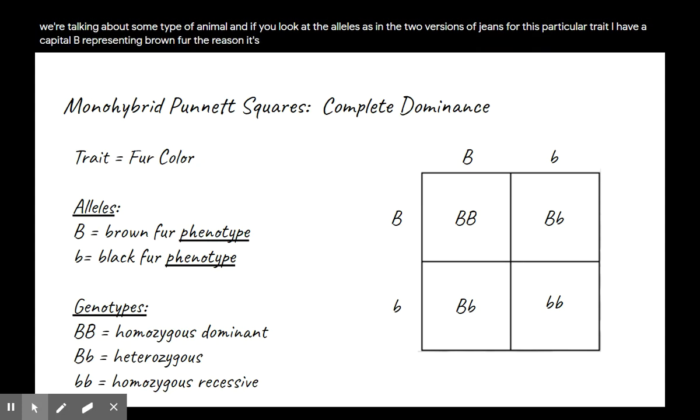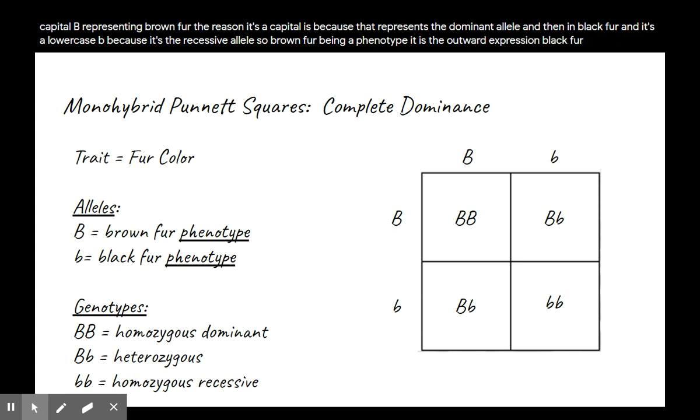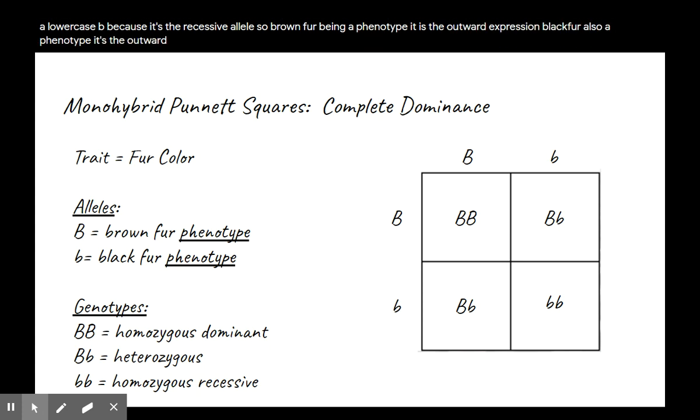The reason it's a capital is because that represents the dominant allele. And then I have a lowercase b representing black fur, and it's a lowercase b because it's the recessive allele. So brown fur being a phenotype, it is the outward expression. Black fur also a phenotype, it's the outward expression.